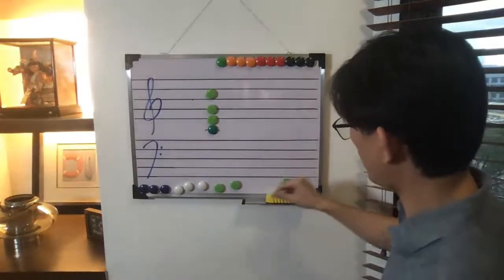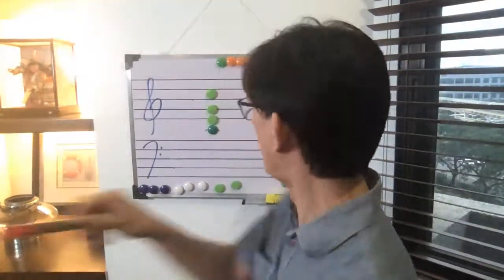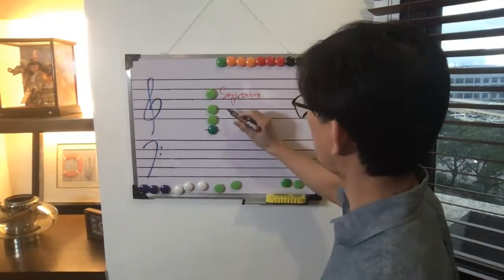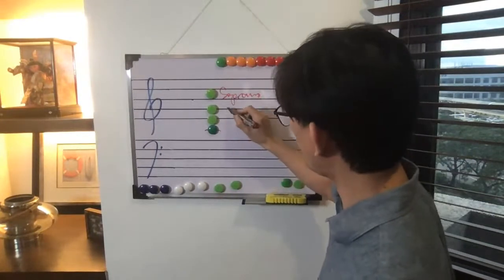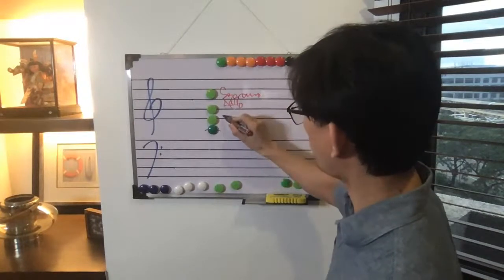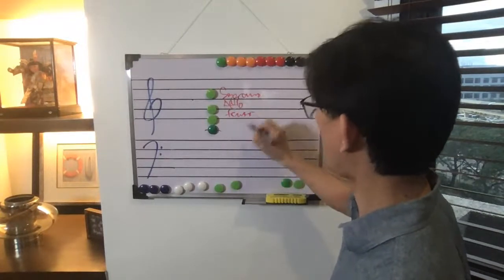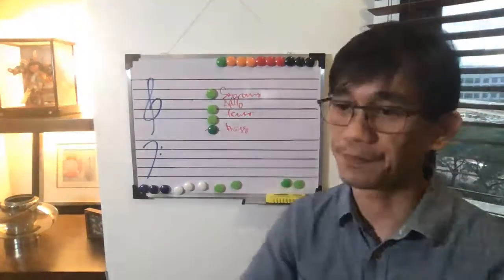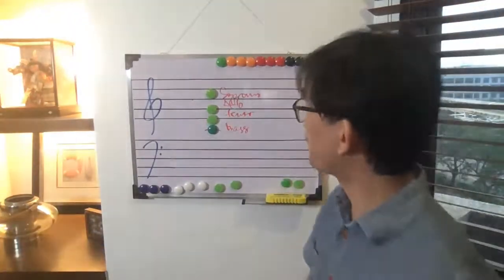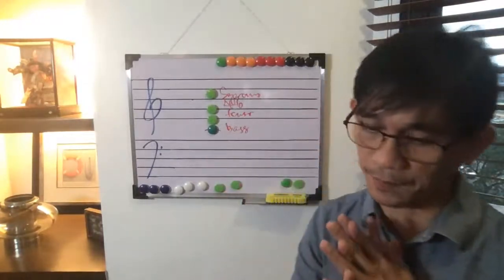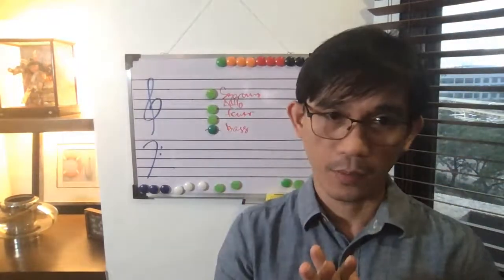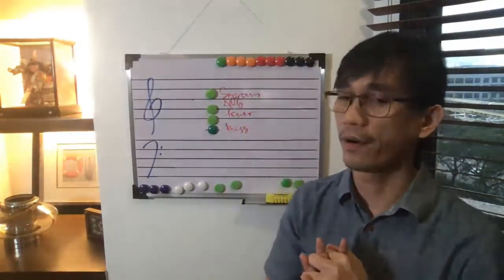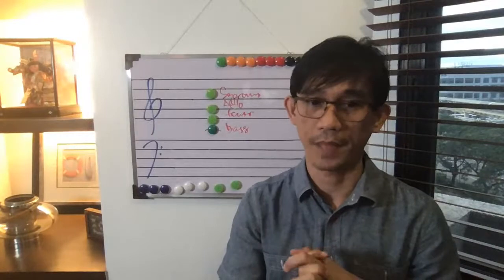So in this case, this is soprano. Of course, the lower one would be the alto, then this one is the tenor, and then bass.